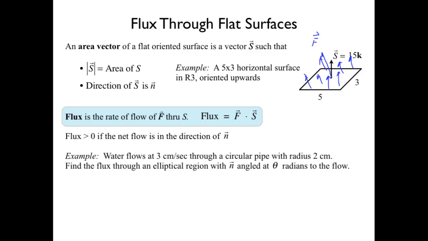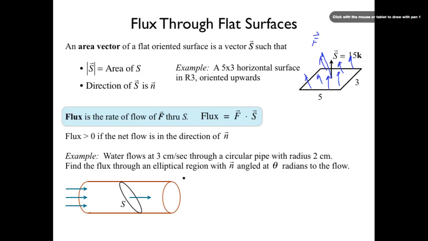Okay, let's do an easy example. Water flows at 3 centimeters per second through a circular pipe with a radius of 2 centimeters. Find the flux through an elliptical region with n angled at theta radians to the flow. So this is our surface, like an ellipse.